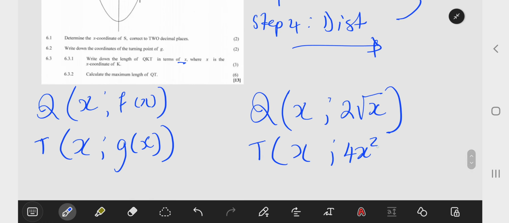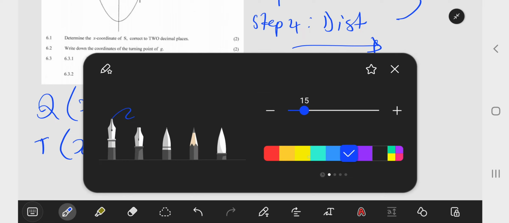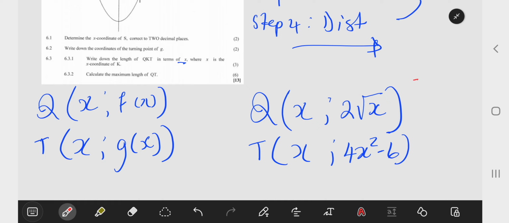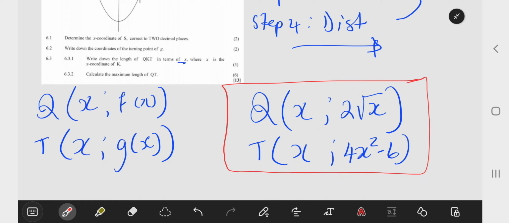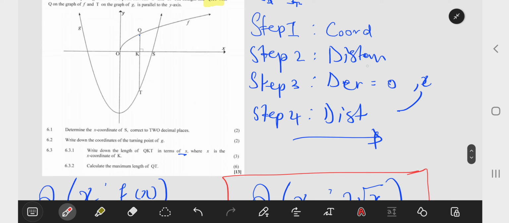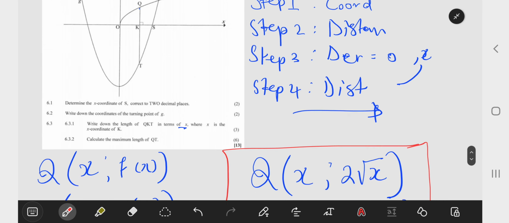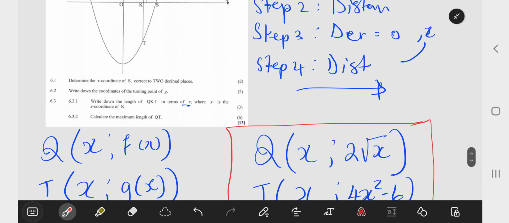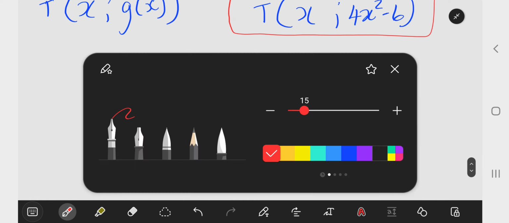So 4x squared minus 6, right? So sesiqedile ke step number 1. Sesiwatholile ke ama-coordinates wethu, which is q and t. So siwathole in terms of x. And then step number 2, let's determine the distance, right? And the distance is over in terms of x. So it's answer 6.3.1. So asithole distance yethu ke la ku step number 2.